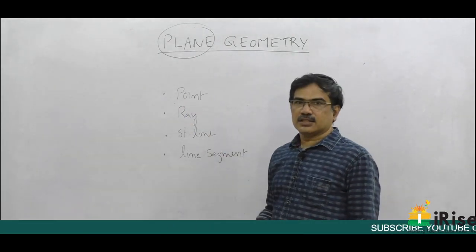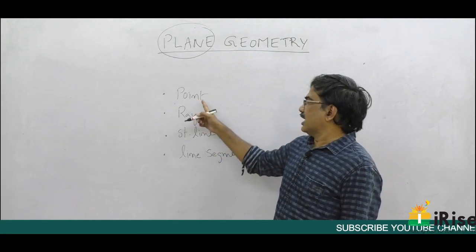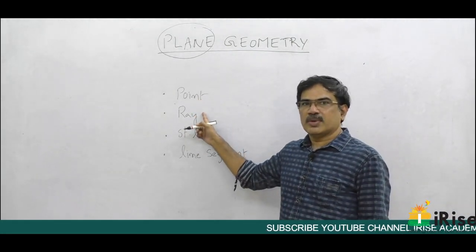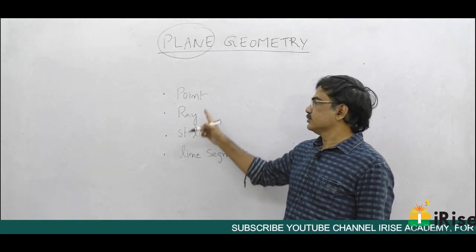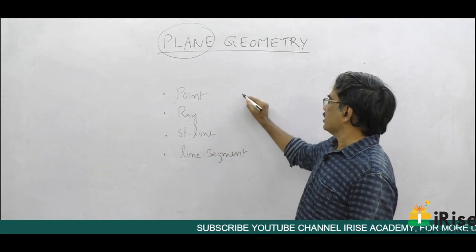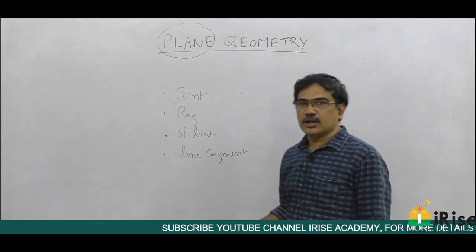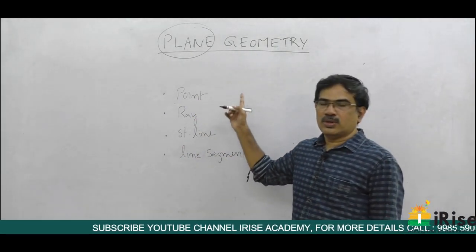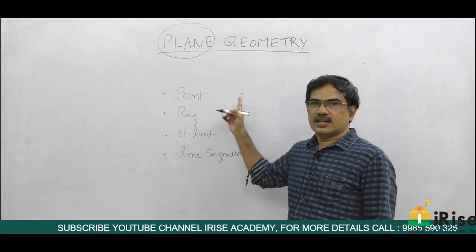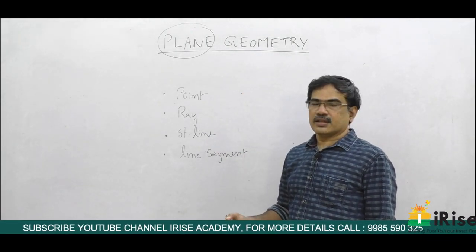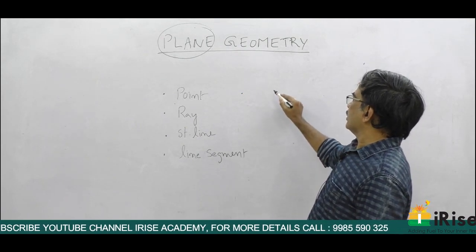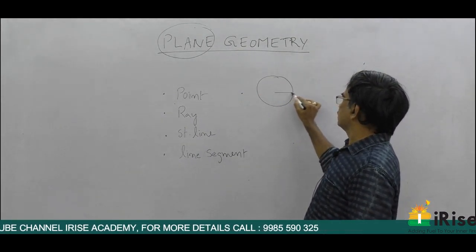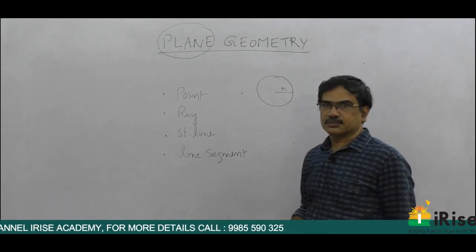What is a point? Actually, this is a dimensionless geometrical figure. No dimensions are there for a point, and it is represented as a dot. It has no length, breadth, and height. And there is one more definition. Consider a circle of some radius r.